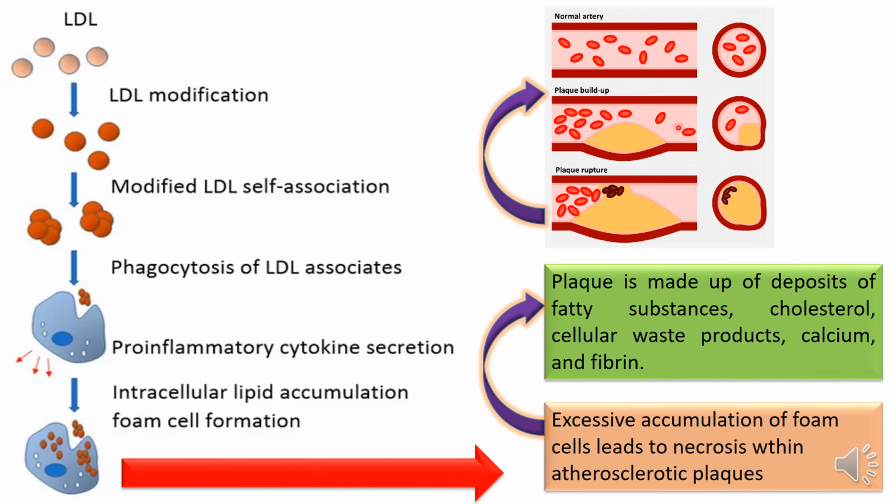And this is a stable plaque. But as the foam cells increase and various inflammatory reactions proceed, the plaque becomes unstable and it ruptures. These are the events of atherosclerosis.